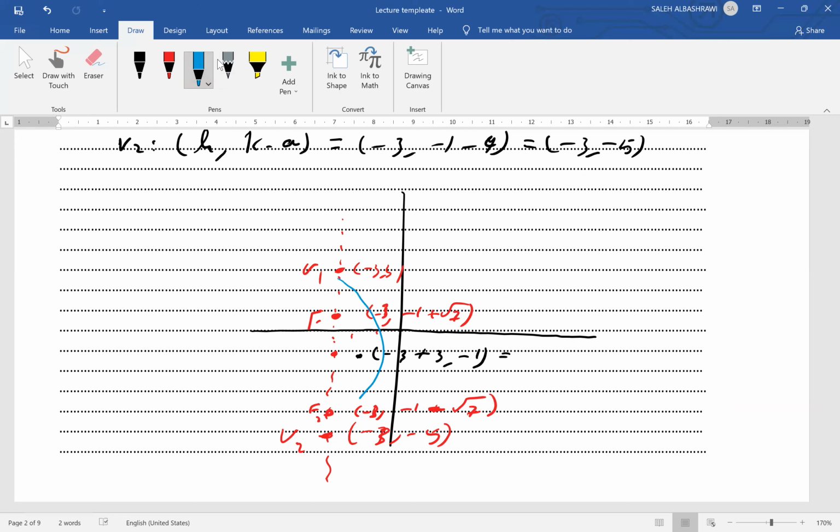Now this is approximation of the ellipse, not exact one. And second one will be minus 6 and minus 1.